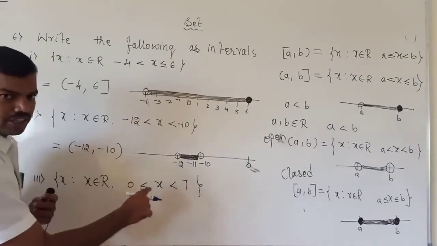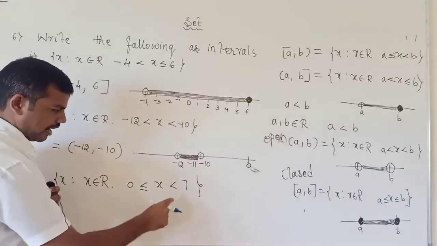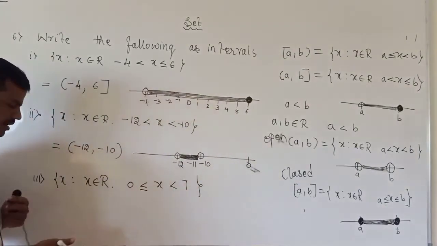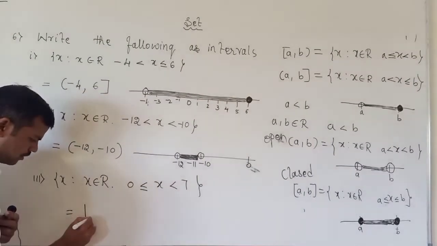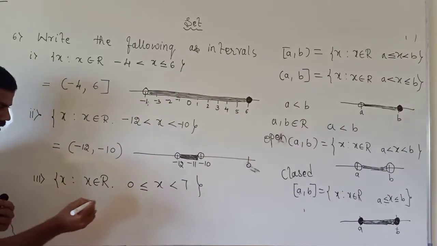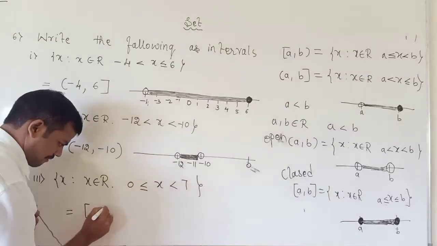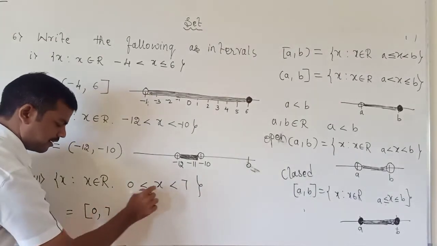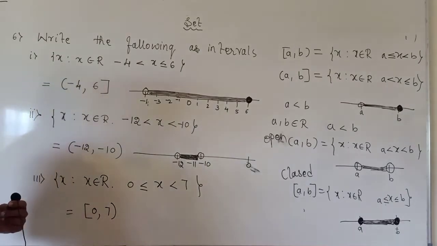Closed open interval. Why? Because 0 is enclosed, that is closed, and 7 is open. For including, which type of symbol are we using? That is a square bracket. From 0 up to 7. Is it included? No. Not included means small bracket. So this is a way of representing intervals in a roster form.